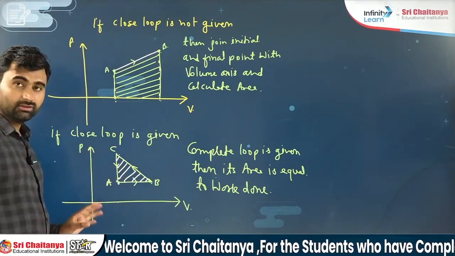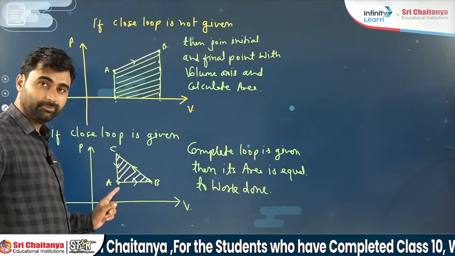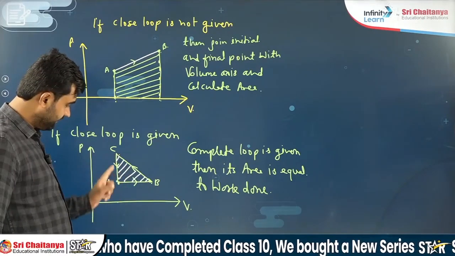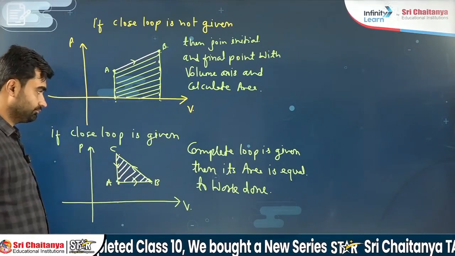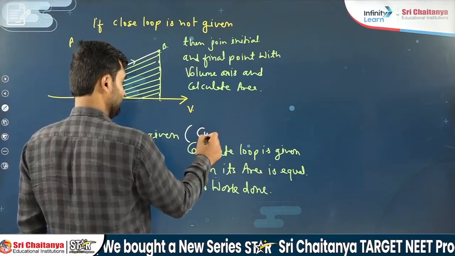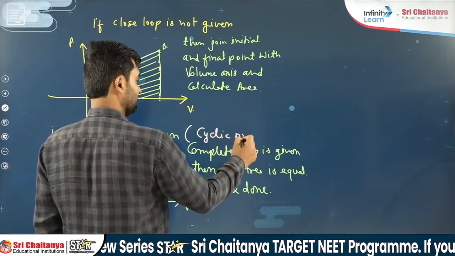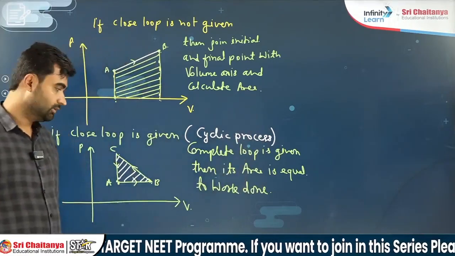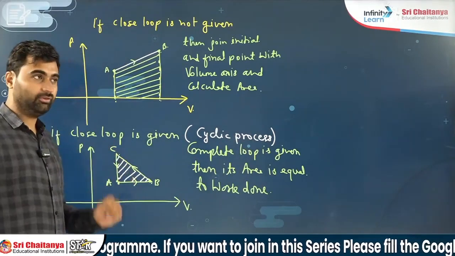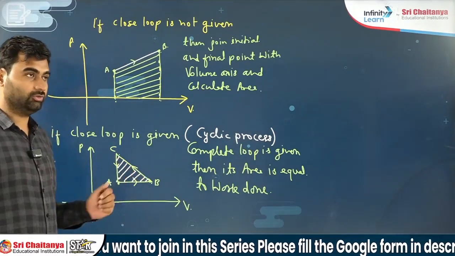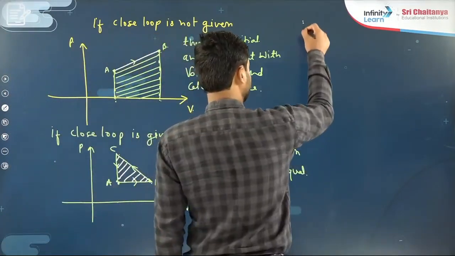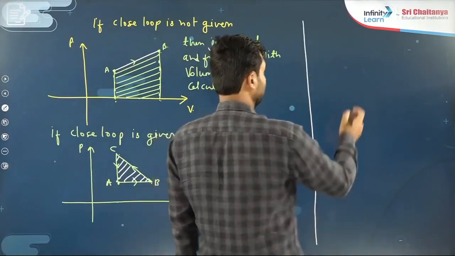This is a cyclic process. Cyclic process means a complete loop is there, a cycle is there. Now, this cyclic process can be given in a different way also. Understand? It can be given like this also.